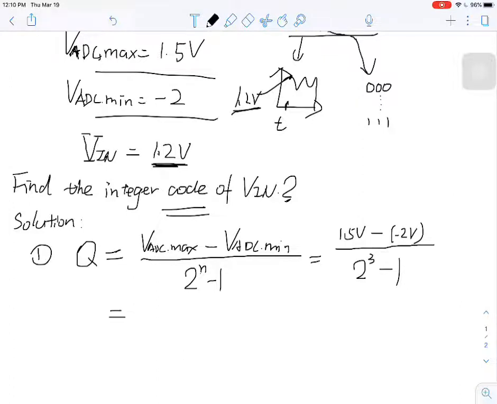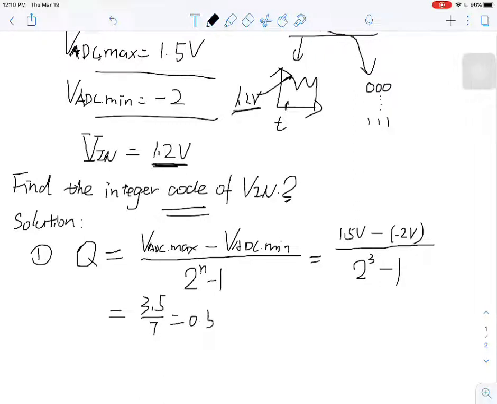This is kind of a resolution of the voltage. So if you do the calculation, you realize that equals 3.5 divided by 7.